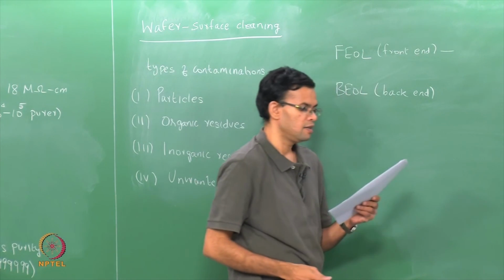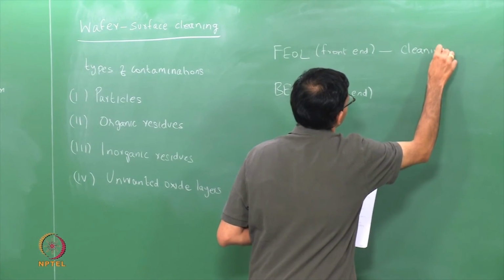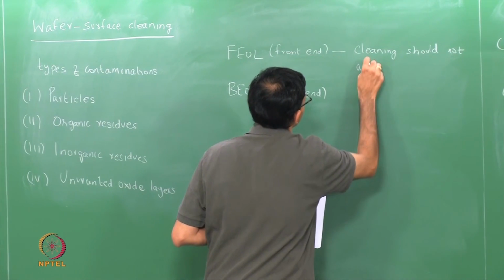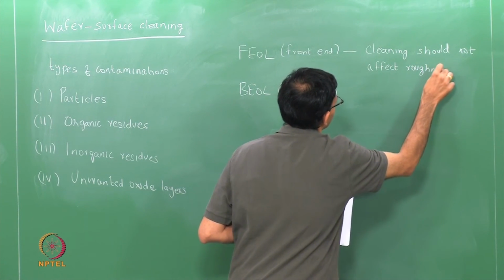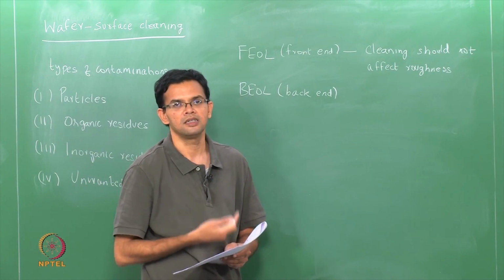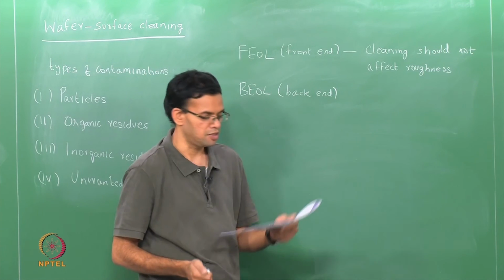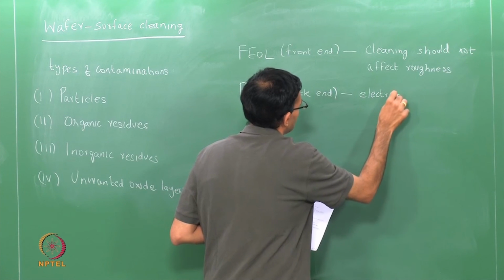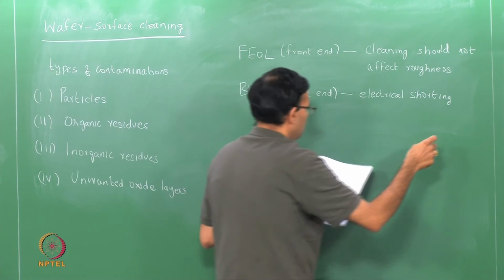So, in the front end, the cleaning should not affect the surface roughness. The front end of the line is where the various elements like transistors and diodes are defined, so the cleaning should not affect the electrical characteristics of this. In the back end, this is where the electrical and the metal lines are formed. So, electrical shorting is the major concern.